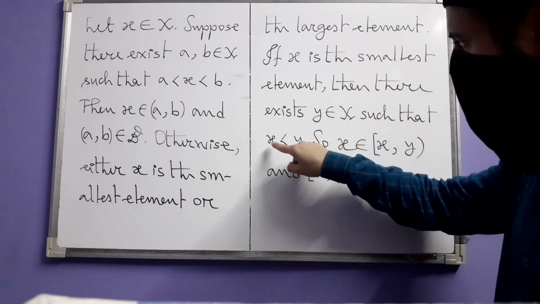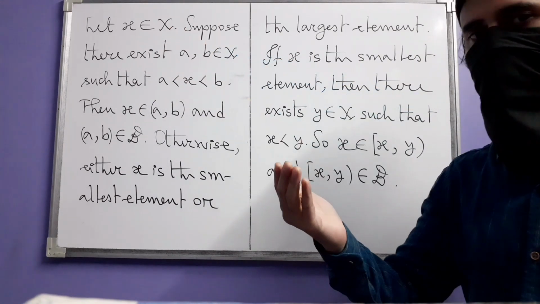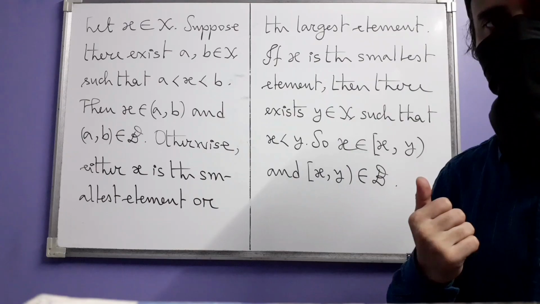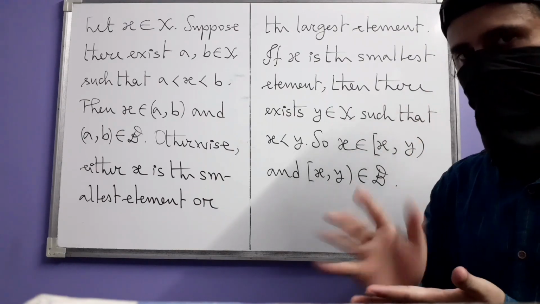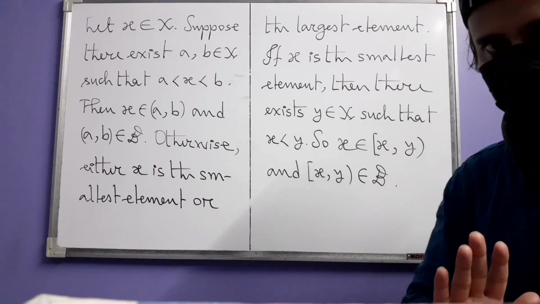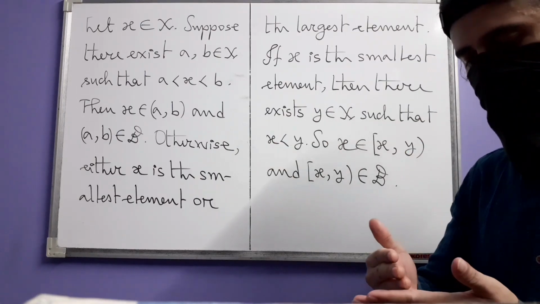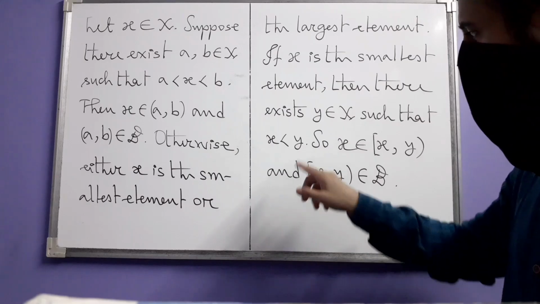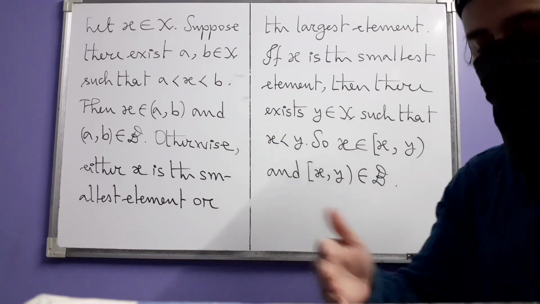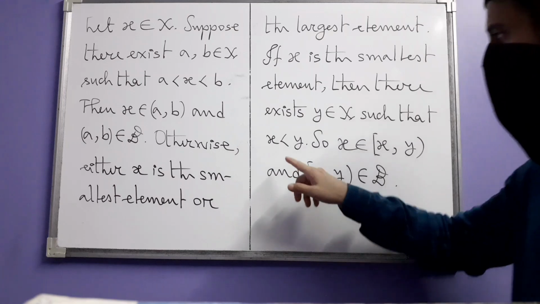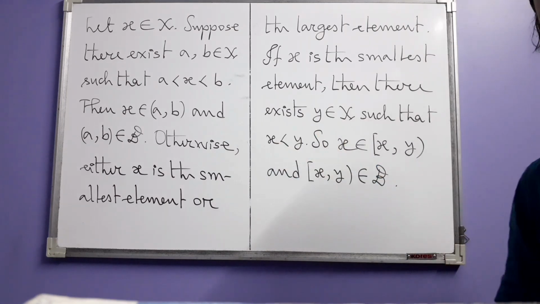So if you have X here, I mean X is already in X, there should be at least one more point. And that one more point Y, of course, is not X itself, it's different from X. But X is the smallest element. Then what should be the relation between X and Y? Y has to be greater than X, obviously, because Y cannot be less than X. X is the smallest. So that way, you have got another element Y which is greater than X.